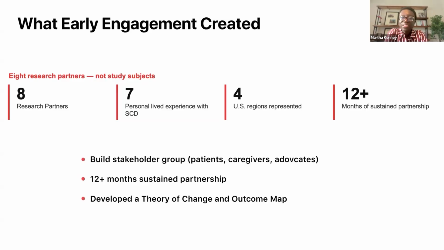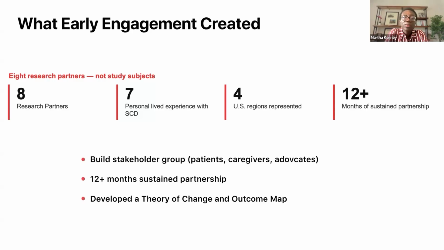And so when we submitted the PCORI award and we were awarded the engagement award, what then happened is we collaborated with Sickle Cell 101 to identify individuals that we could bring together to form essentially a community research partnership board. And we worked with these individuals for about 12 months through an iterative process, several meetings, very similar to what Helen has already laid out.